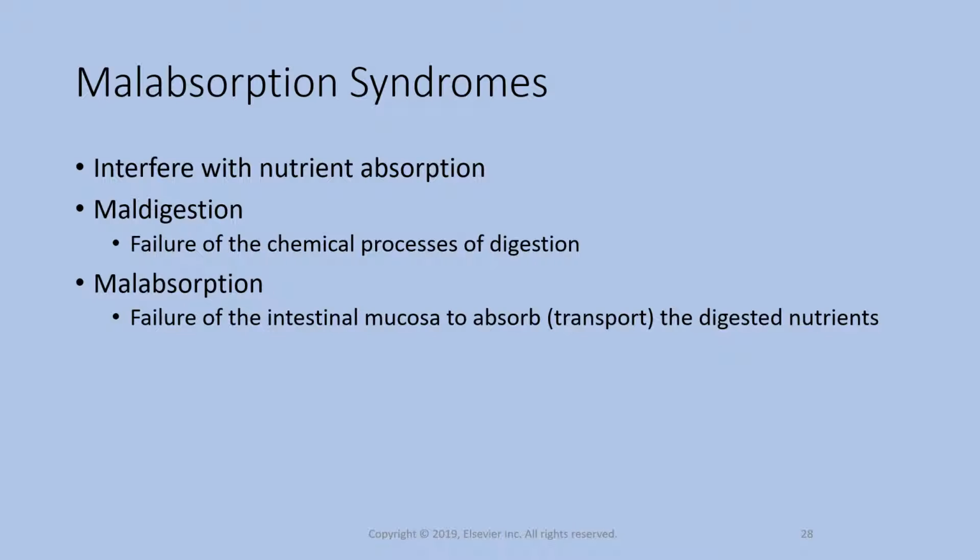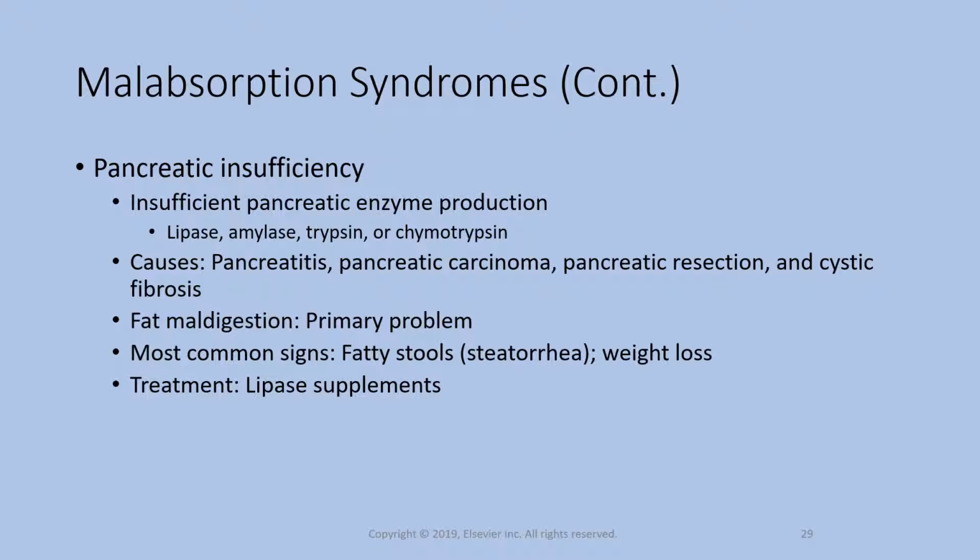Malabsorption syndrome is interference with nutrient absorption: maldigestion and malabsorption. One of the malabsorption syndromes is pancreatic insufficiency, insufficient pancreatic enzymes. You probably recall the enzymes that the pancreas secretes: lipase for fat, amylase for carbohydrate, and trypsin and chymotrypsin for protein.